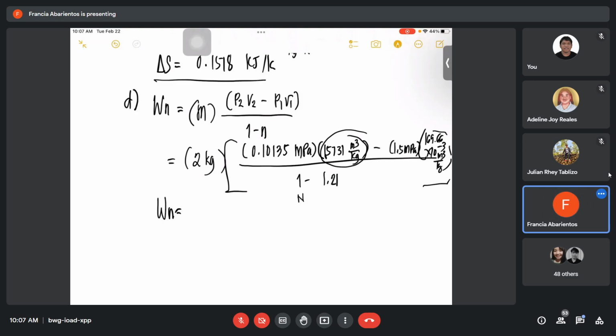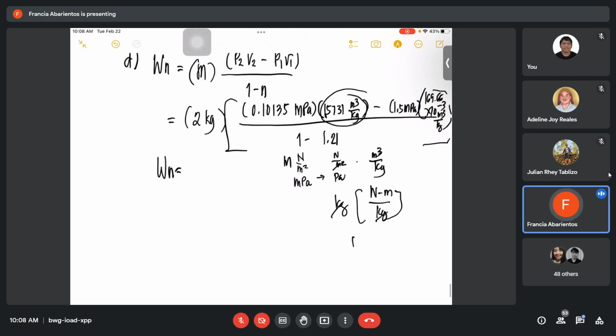Pascal is in Newton per meter squared. Convert mo muna megapascal into Pascal para maka-arrive ka din sa cubic meter per kilogram. Na-cancel. Matitira sa'yo is Newton meter per kilogram. But since may kilogram ka dito sa labas, matitira sa'yo is Newton meter, which is equal to joule. Okay?